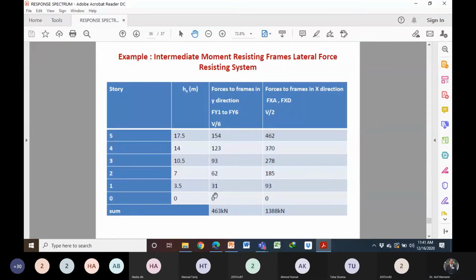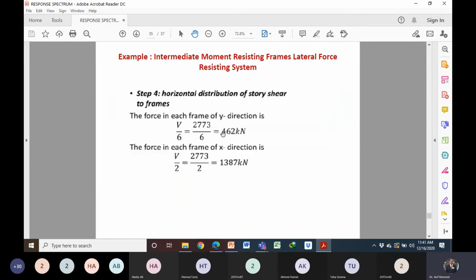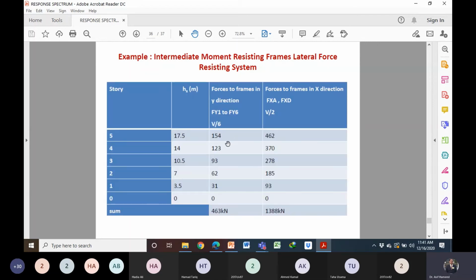ठीक है? So क्या formula था? X over 15 into V, and the base shear in each frame is equal to 462. So 462 multiplied by x over 15. So you can calculate the base shear along the height. ठीक है जी?